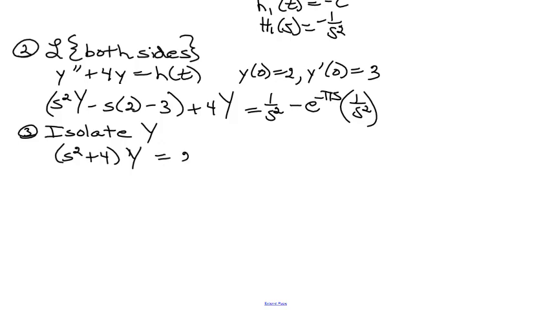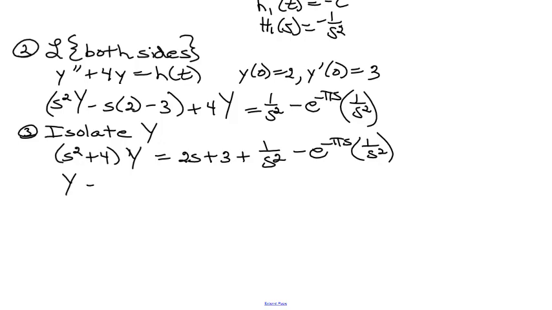So I'm going to have to add 2s, I'm going to have to add 3, and then I already have these other terms, so they'll still be there. And now the last step in isolating cap y is to divide everything by s squared plus 4.